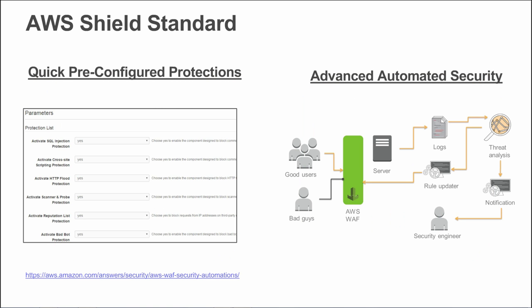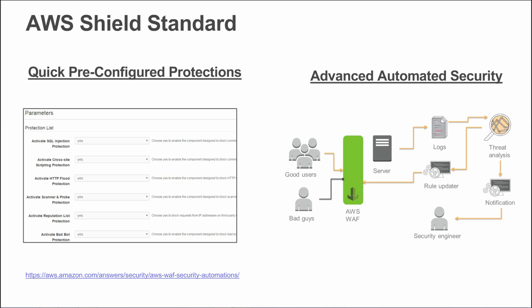Now, if you want to configure AWS WAF for layer 7 protections, there are different options. You can use the quick pre-configured protections that AWS WAF has made available using the security automations templates. So you can simply select the actual protections that you want to enable and then just deploy them. And within minutes, you can get started with those protections.